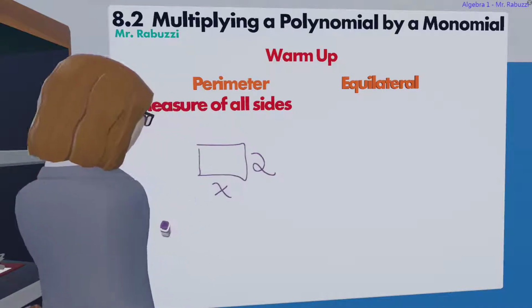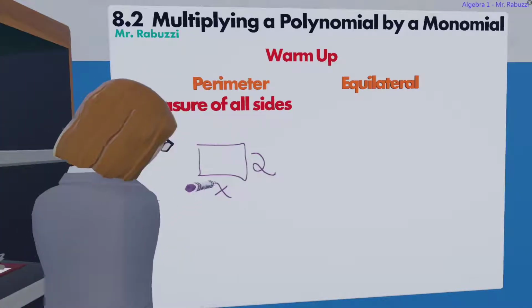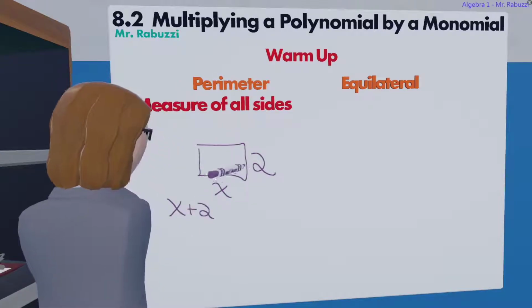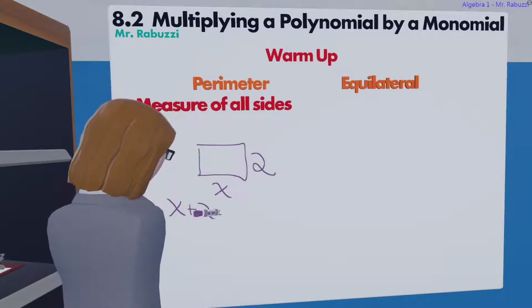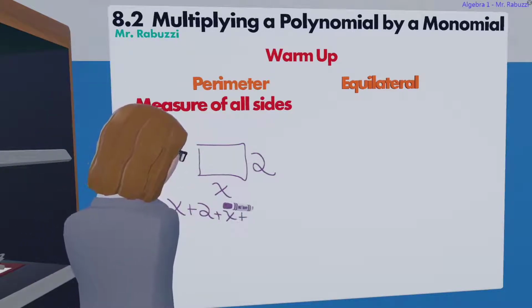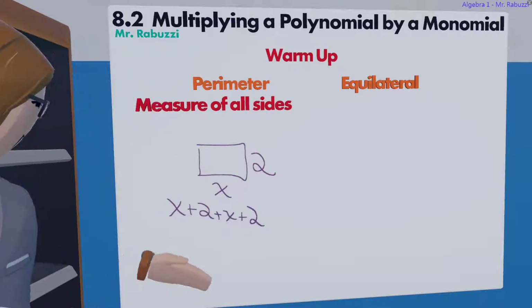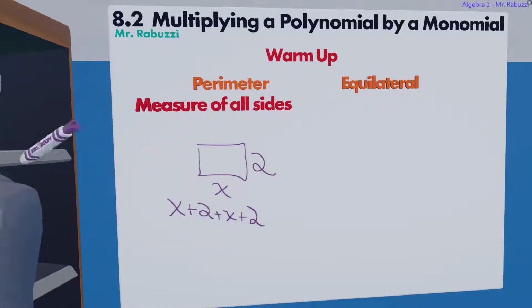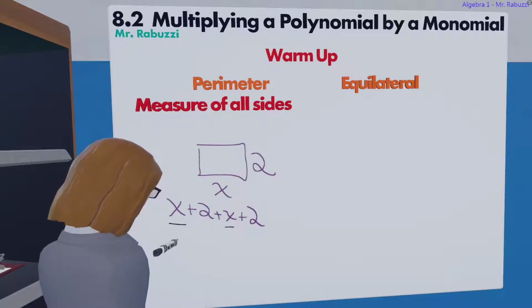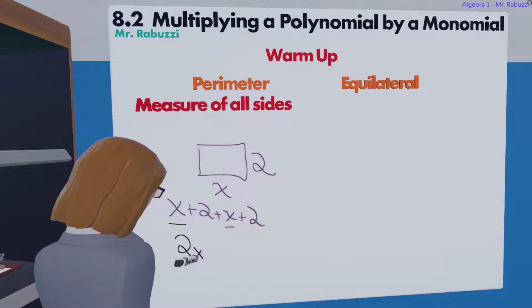Okay, they can also work like this. So, like we're in Algebra 1, not all sides are going to have numbers. One side might be x. So I still can add them up. x plus 2, the top side's x again, and the left side's 2 again. Add these up. It's not too bad. We get x plus x, which is 2 x's.